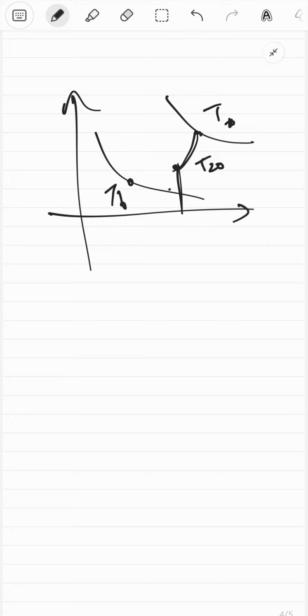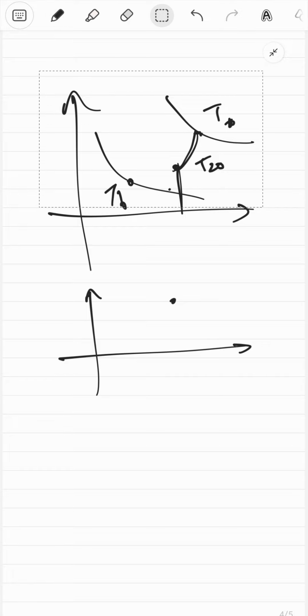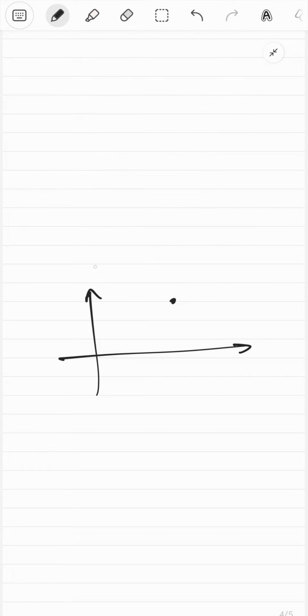So as soon as you leave this guy's trajectory, there are two trajectories that you're following. I should really be doing a TV diagram and not a PV one, but fine. So this is a temperature, this is a volume diagram.